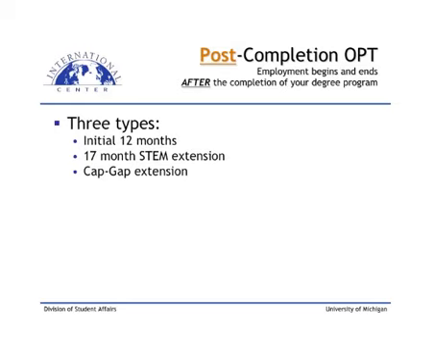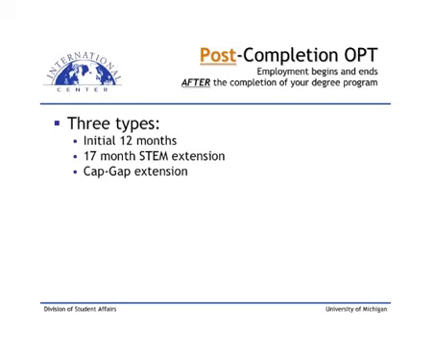These 2 extensions are in addition to your initial 12 months. These will be discussed in Section 5. Any information discussed in the rest of this section will only refer to the initial 12 months, unless stated otherwise.